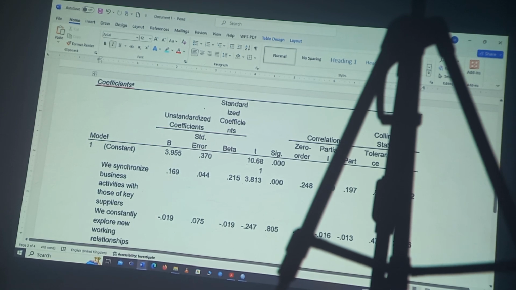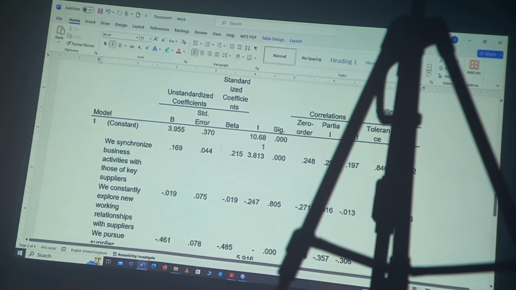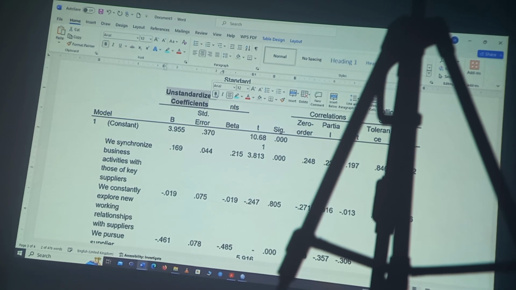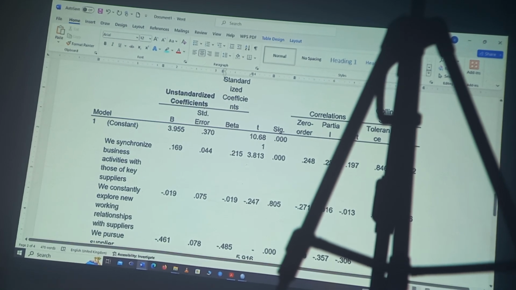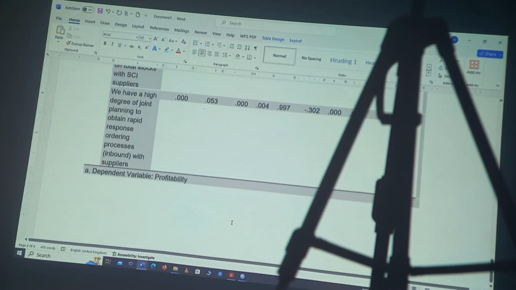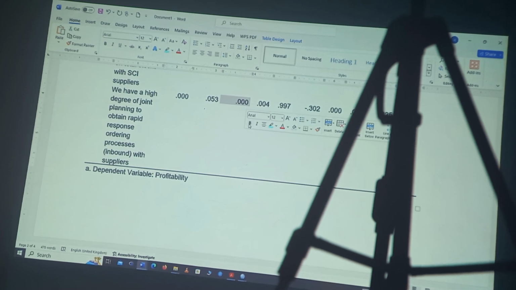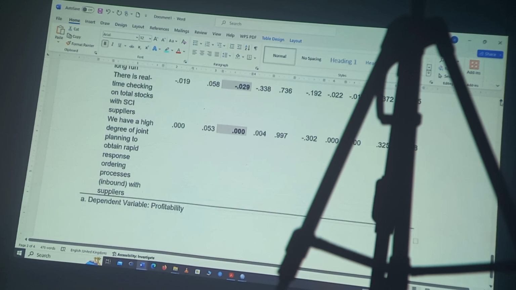Okay. So we start to evaluate the results. Have you seen the standardized coefficient? We have unstandardized and then standardized coefficients. So we are looking at this column, standardized, as against the P value.